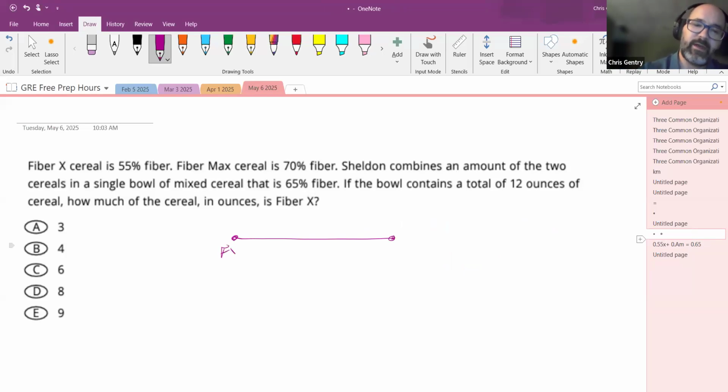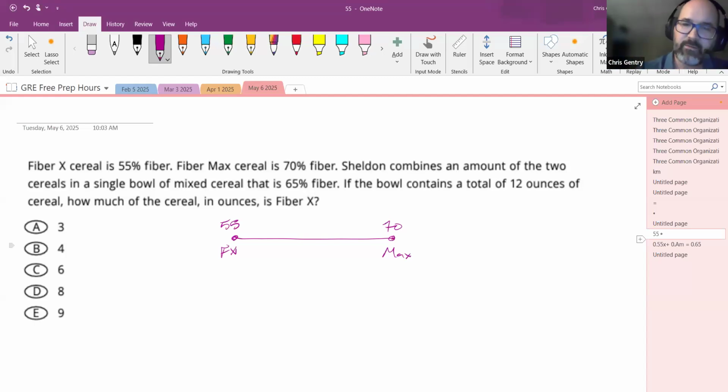You had fiber X at 55 and fiber max at 70, and they're competing and somehow they coordinate to get us to 65. This is our classic line diagram idea. Two endpoints that somehow coordinate to meet somewhere in the middle, where something happens between them.